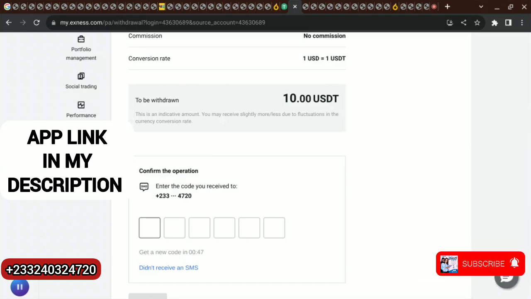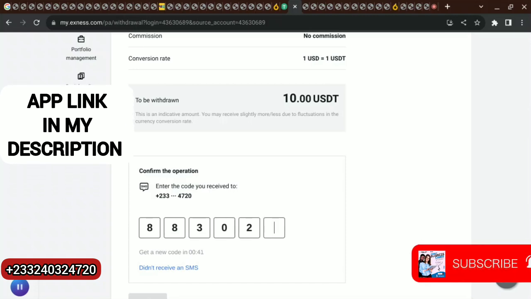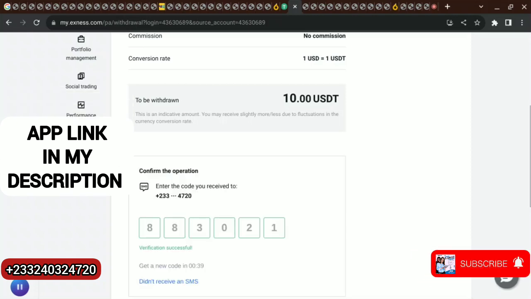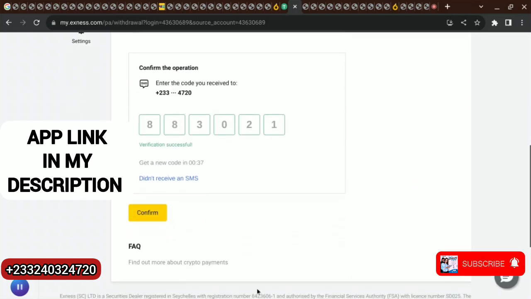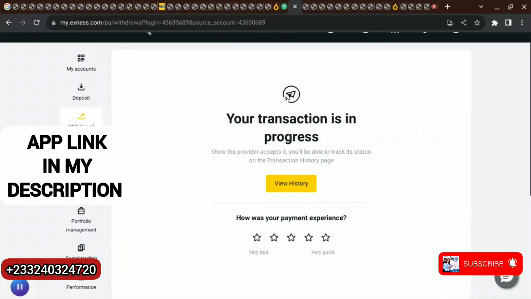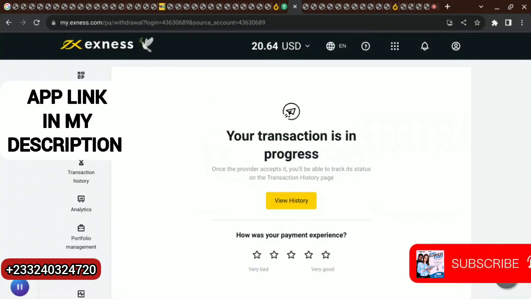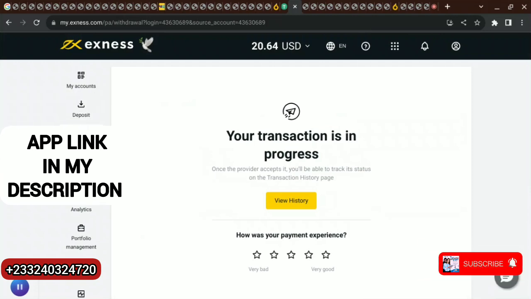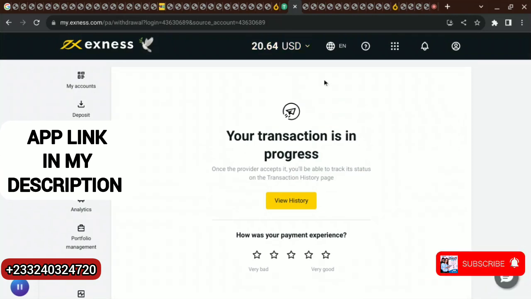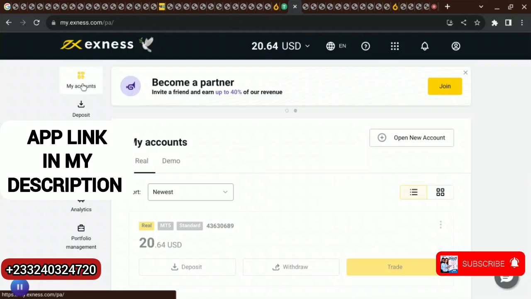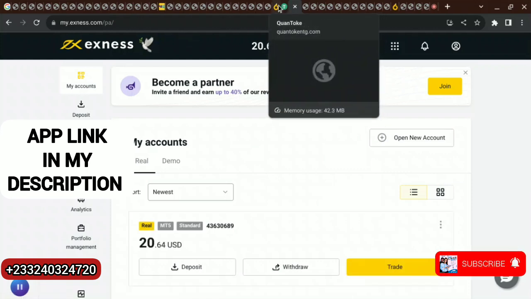The code is 88303021. Verification successful. Then I'll click on confirm. Your transaction is in progress, and in a short time I'll get the money in my Quantoken account.